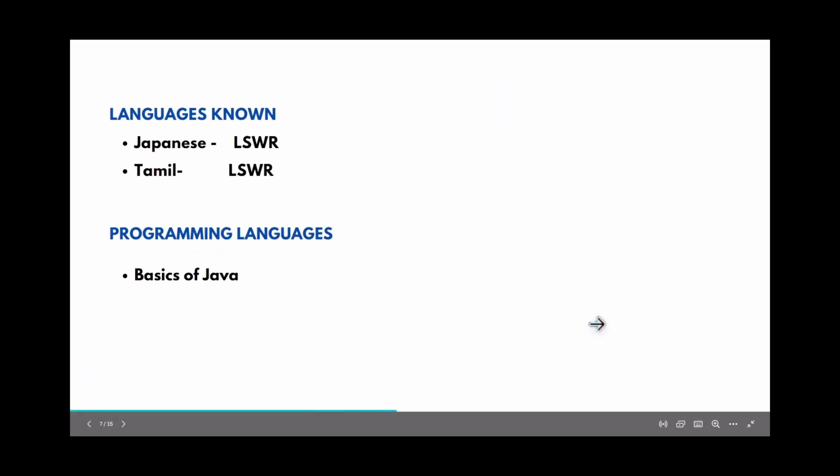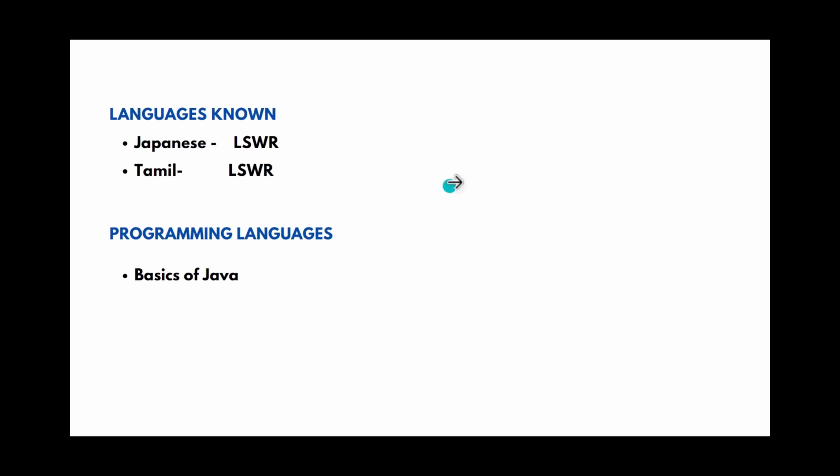Okay, so next thing is languages known. I have seen many people add Tamil and English. This is a basic language that we use always. So you can add Tamil, English, and Japanese with the skills that you are familiar with. For example, I am fluent in Tamil, so I can add listening, speaking, writing, and reading.